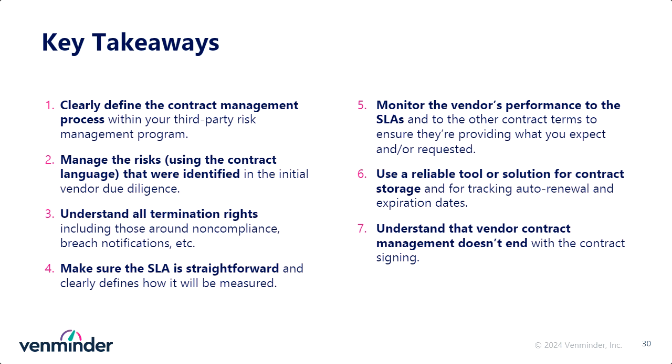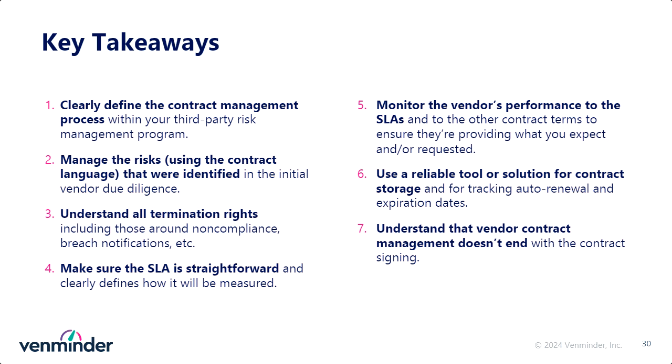Okay, so let's end today's webinar just going over some key takeaways from the things we've talked about today. So first is to clearly define that contract management process within your third-party risk management program.